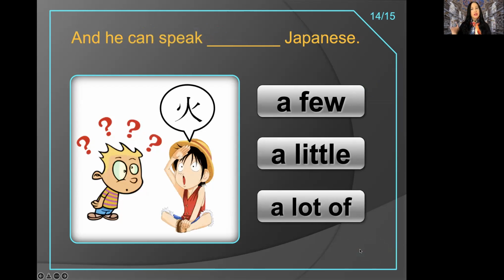All right, now what's going on? Look at the picture. And he can speak blank, I'm sorry, did I say Chinese? No, this one's Japanese. Before, he can only speak just a few words of Chinese, but now this is Japanese. So, he can speak a few Japanese, a little Japanese, or a lot of Japanese.